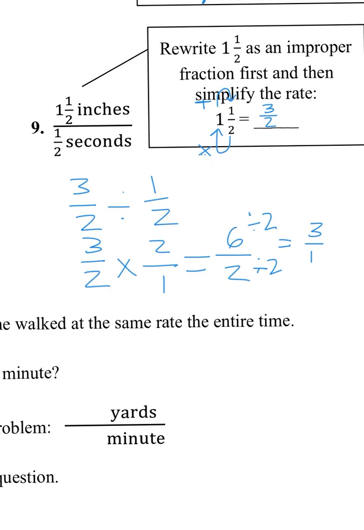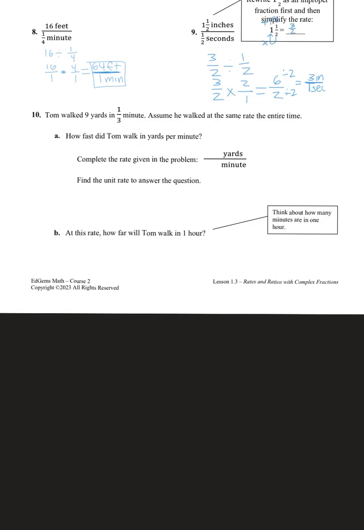And then let's go ahead and keep that as it is, as a unit rate. And it's 3 what? It's 3 inches over 1 second. Another way you can say this is 3 inches in 1 second. Okay, on to number 10.